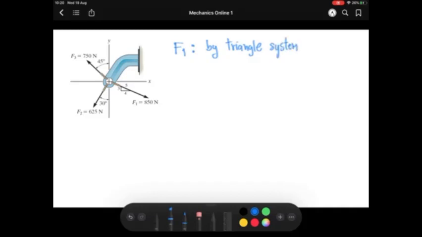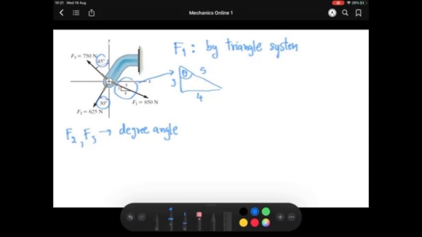So it means that for this triangle, you should set up your own angle. Let's say I will use this one as my angle. And for F2 and F3, they give you the exact angles, which are 30 degrees here and 45 degrees.